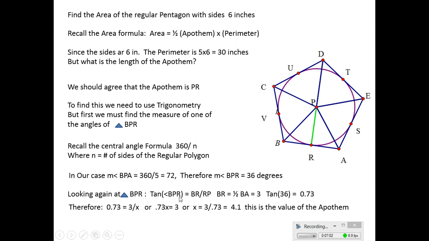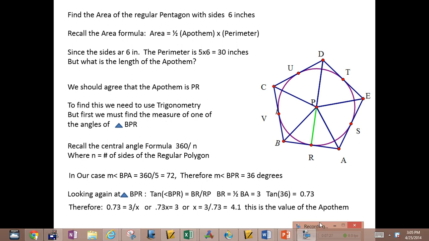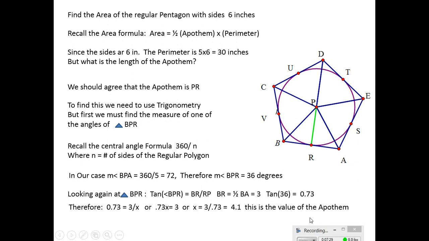We go back to this equation and put in our unknown values. The tangent, 0.73, is equal to 3 over x. Cross multiplying, we get 0.73x equals 3. Dividing, we find the value of x, the value of the apothem, 4.1. With the value of the apothem, we can now find the area of the polygon.